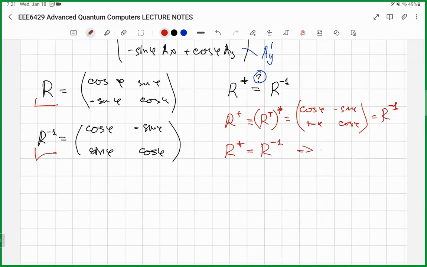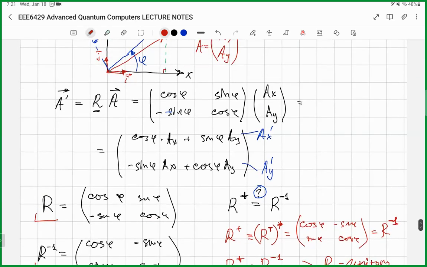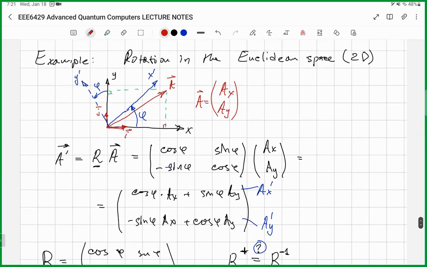So the matrix R is unitary. Yeah, so you see that the rotation matrix is a unitary matrix.